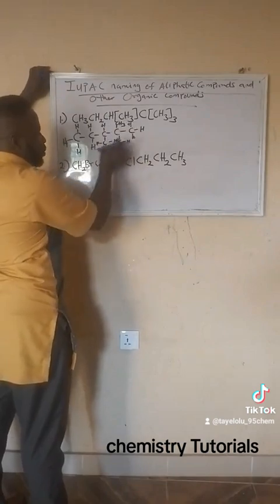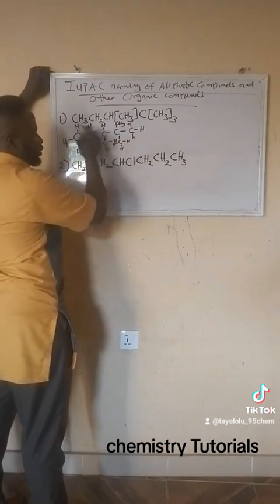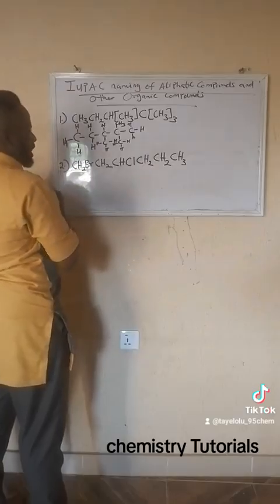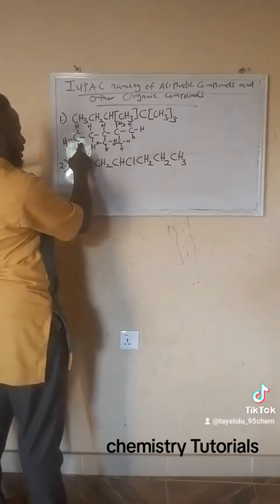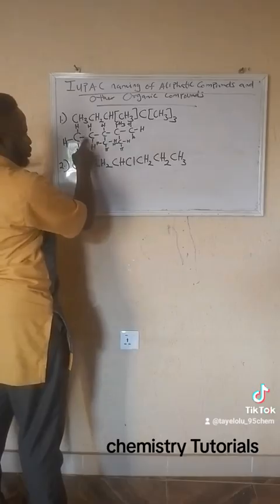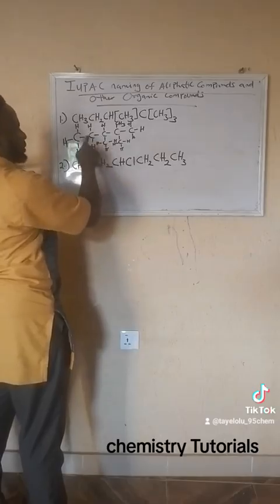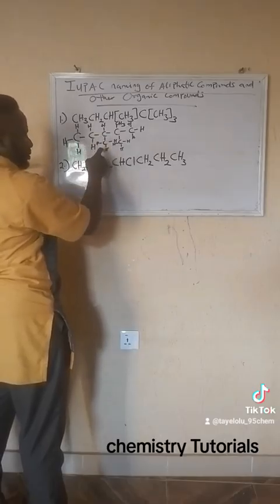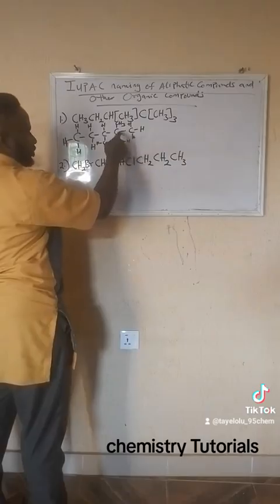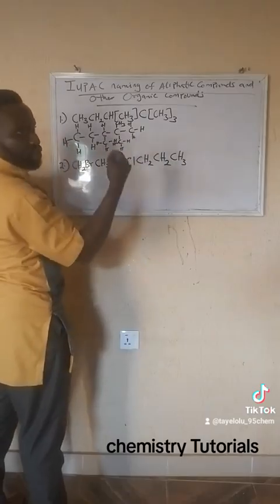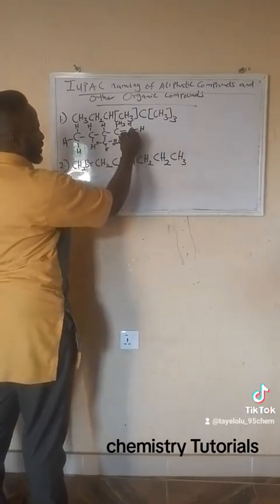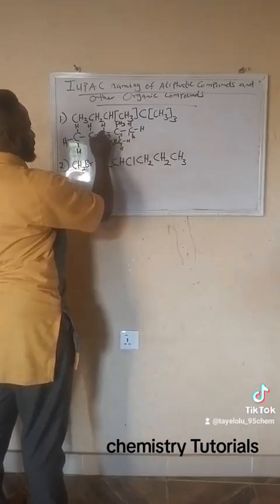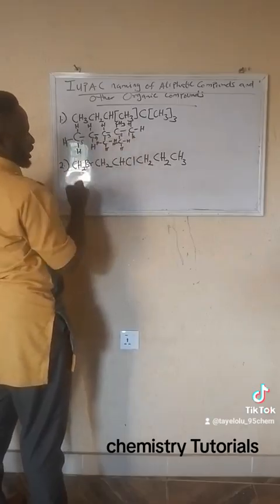All the other ones that are not on the longest continuous carbon chain are substituents. If I start to assign my number from here, 1, 2, 3, it took me 3 counts to meet a substituent. But from here, 1, 2. So 2 is lower than 3. So definitely it is carbon 1, carbon 2, carbon 3, carbon 4, and carbon 5.